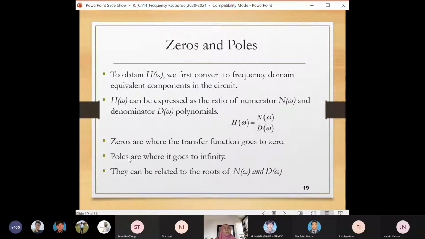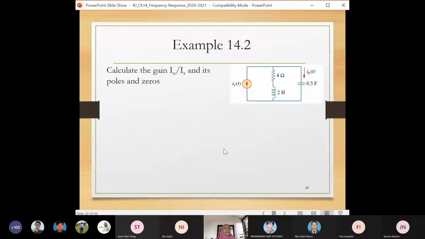So they can be related to the roots of the numerator and the denominator. Zeros are the solution for the numerator. Poles are the solution to the polynomial of the denominator. So, example: calculate the gain Io over Is and its poles and zeros.